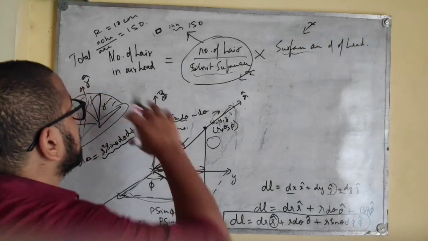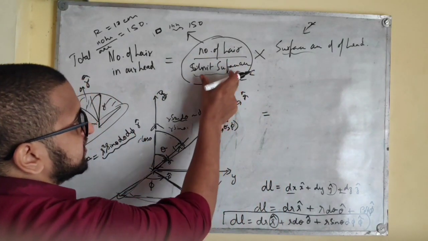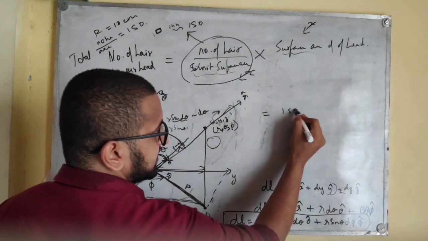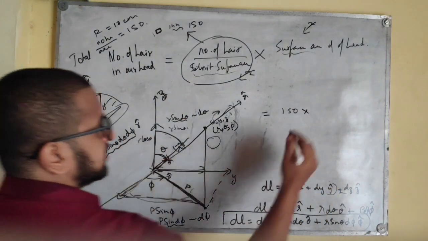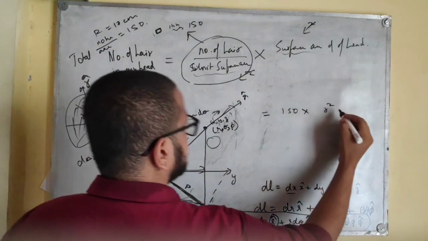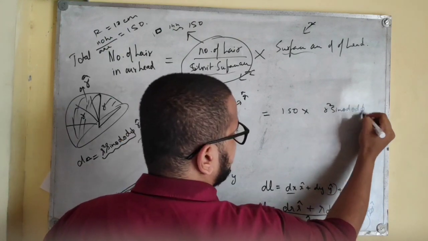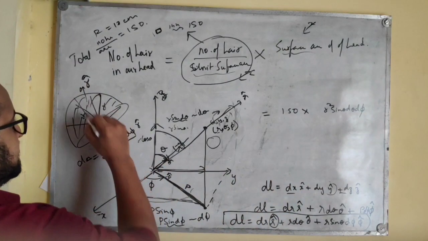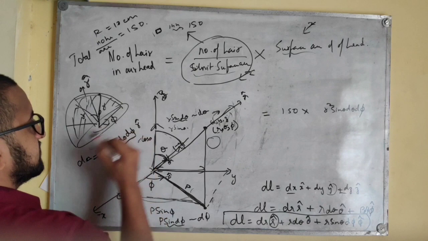So the total number of hairs is going to be the number of hairs per unit surface area, which we assumed is 150 hairs per centimeter square, times the area element r square sin theta d theta d phi. The d theta and d phi are variables: the theta angle and the azimuthal angle phi.